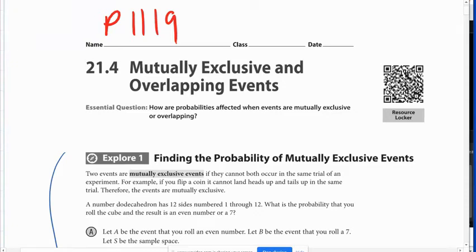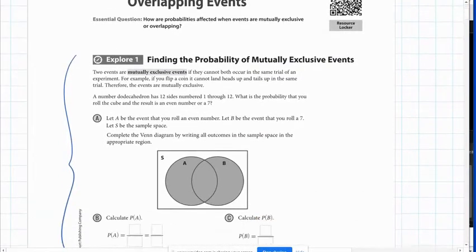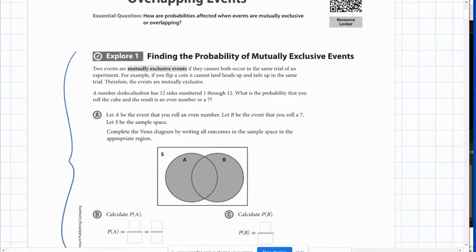All right, in today's lesson, we're going to take a look at mutually exclusive and overlapping events and how that can be incorporated in calculating probabilities. The concept of mutually exclusive events means events are mutually exclusive when there is no overlap.